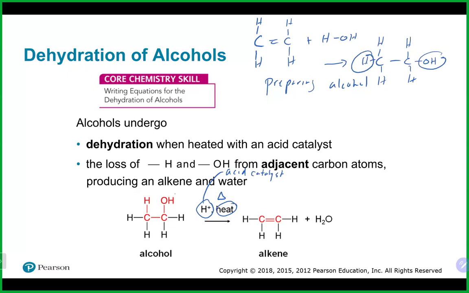You have to take an OH off of the carbon that has it, and then the H comes off of the carbon next to it, not the same carbon. That is where we're going to get our water coming from. When I take the H and the OH, nothing changes except I take those things out. So if I were to draw this, I would copy it exactly the way it's written, except I would take the water out.